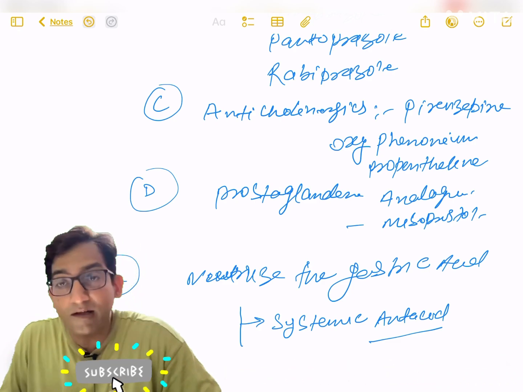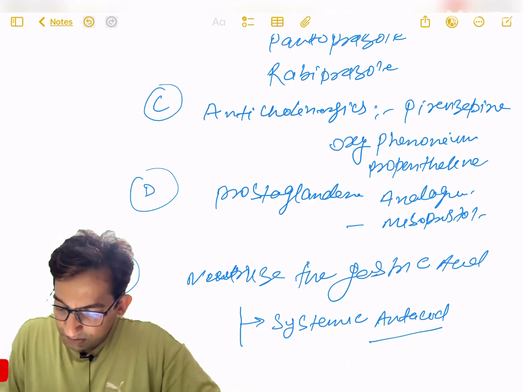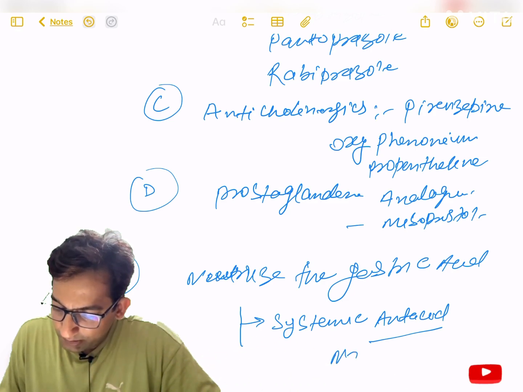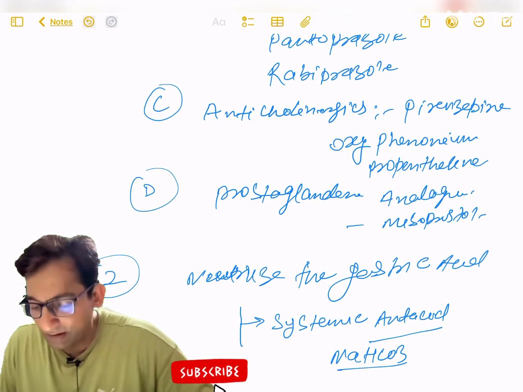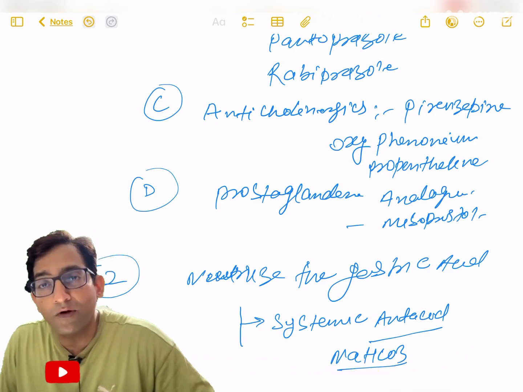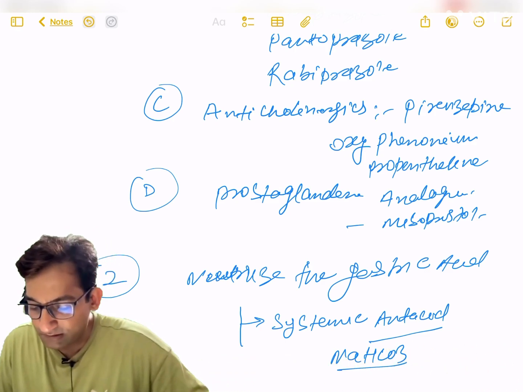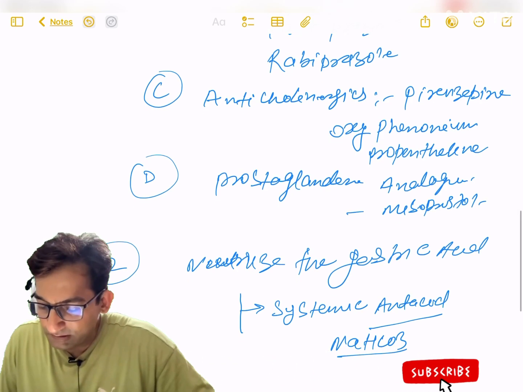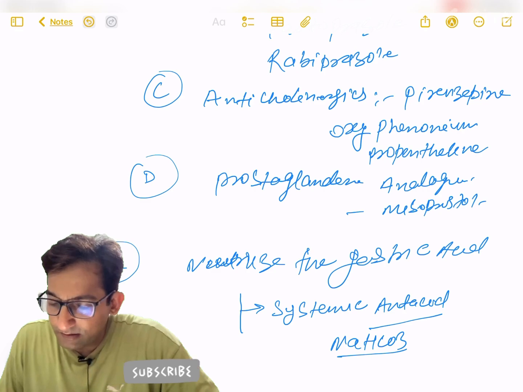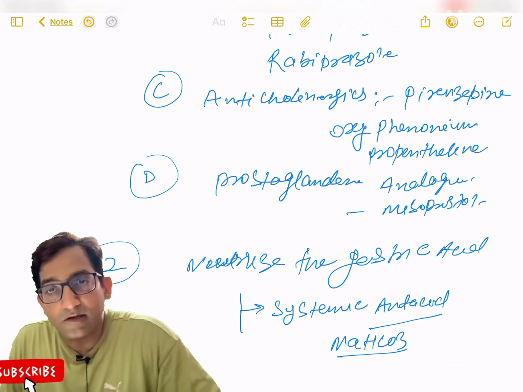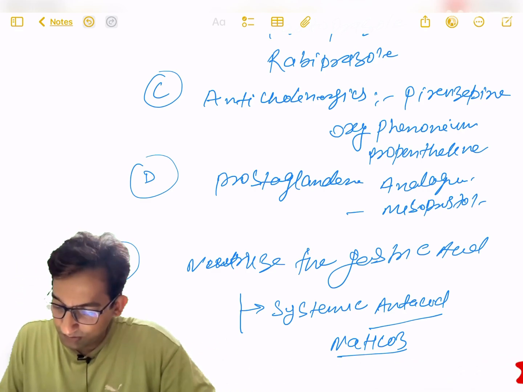Now, an example of a systemic antacid is sodium bicarbonate. In the market, sodium bicarbonate is available in powder form. Eno powder is the most commonly used nowadays as a systemic antacid, but systemic antacids we generally avoid because they cause alkalosis. Okay.